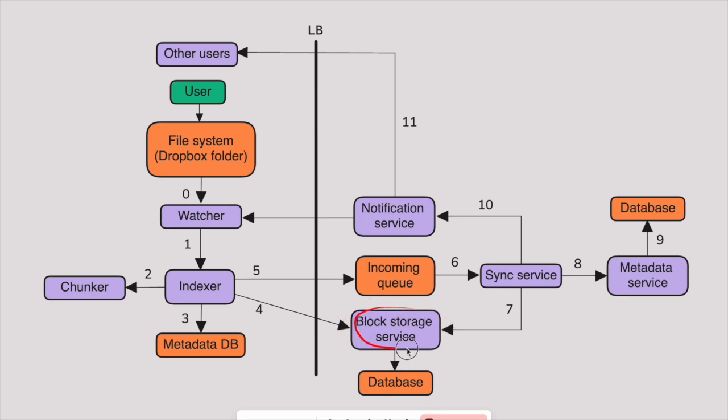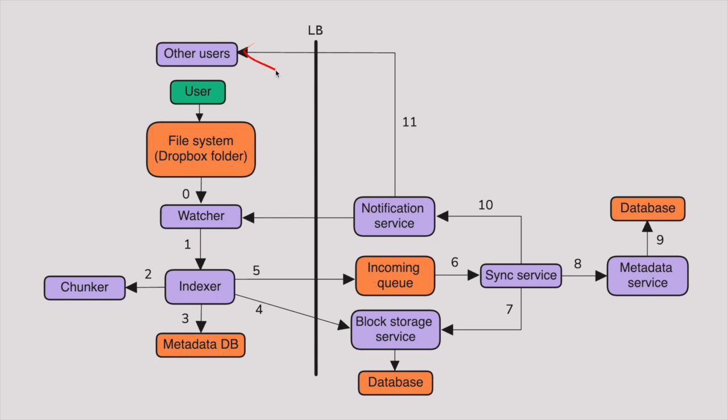Once the data is stored, we update the metadata service by sending metadata about the change to the remote system, which would probably come to the same global queue or regional queue, and from there would be processed by multiple services that would consume it, check the presence of those blocks in the block storage, and if they exist, we would update the metadata on the service, and then that change would be propagated all the way through the sync service and then the notification service to other clients.